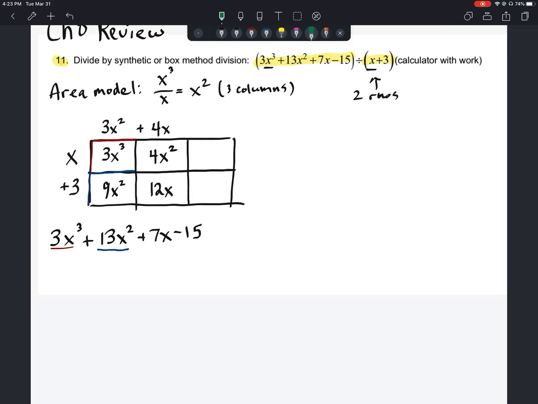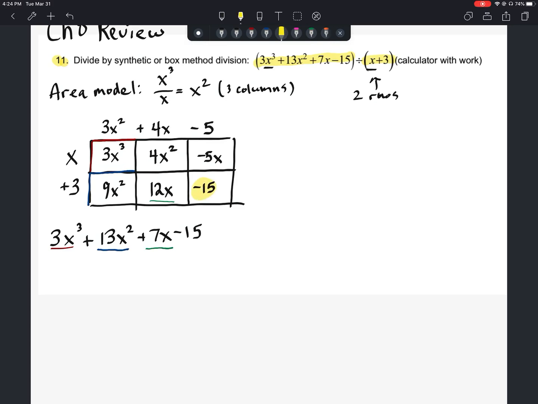Now, here, if we've got a positive 7x and we have 12 up here in our box, that means we're going to need to have a negative 5x here in order for that to add up to 7x. Okay, and then our last factor here, x times negative 5 is where that negative 5x comes from. And when I do negative 5 times 3, I'll get negative 15 down here.